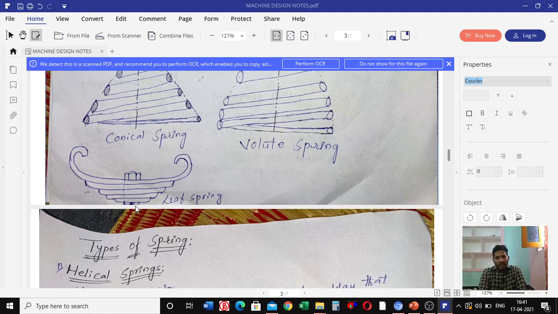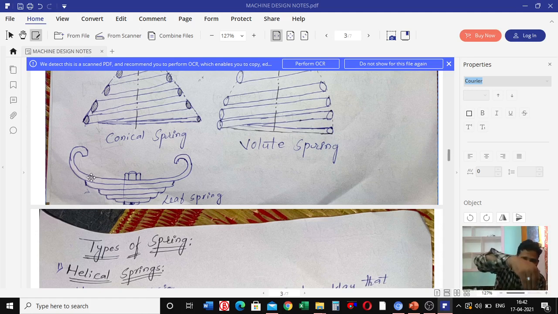These leaf springs are widely used in the suspension system of commercial vehicles, such as a bus, a truck, or lorries. Is it right? So the leaf spring is capable of withstanding the maximum force in a small area.